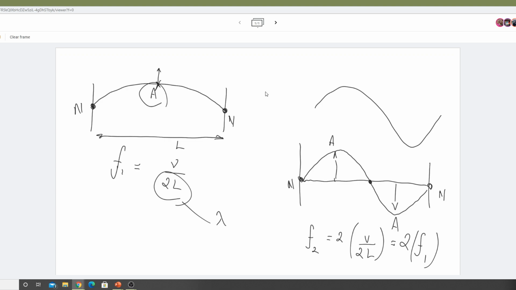Your general formula for a harmonic is Fn, where n is the number of the harmonic we're talking about, and that is simply n times F1, where F1 is the velocity of the wave divided by the wavelength of the first harmonic, or the first standing wave. Does that make sense?